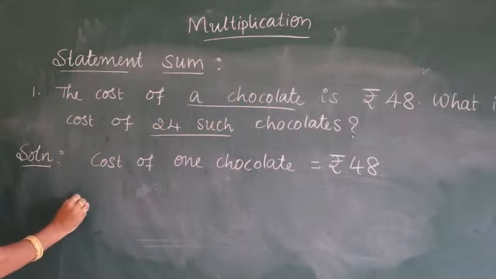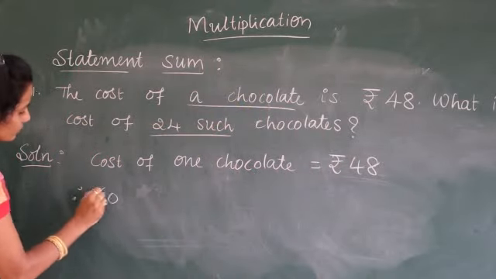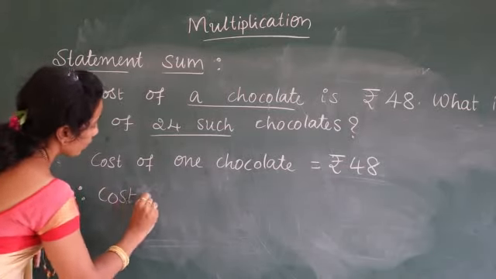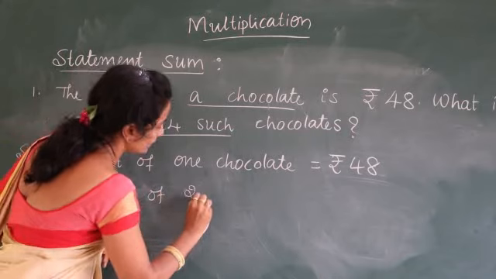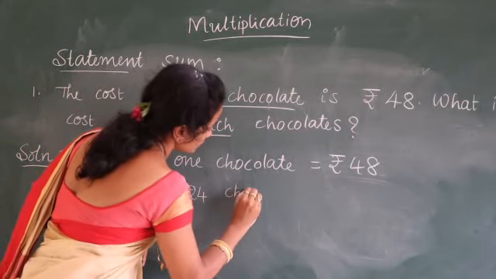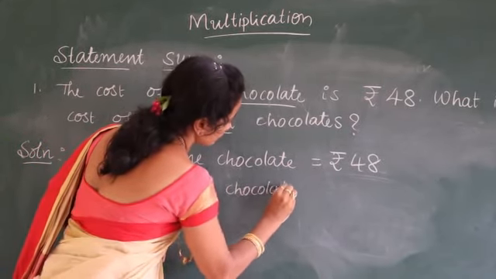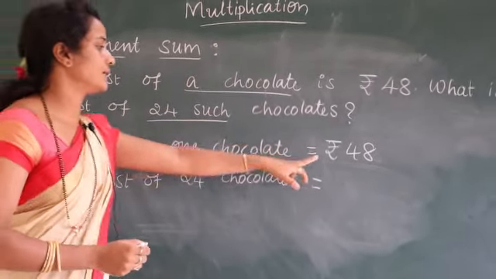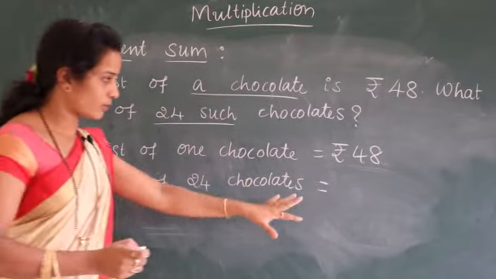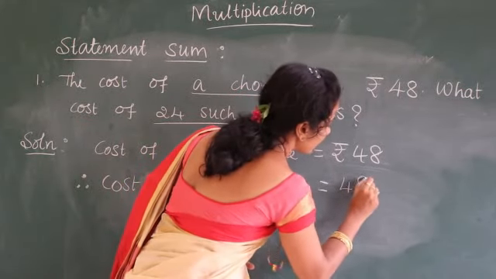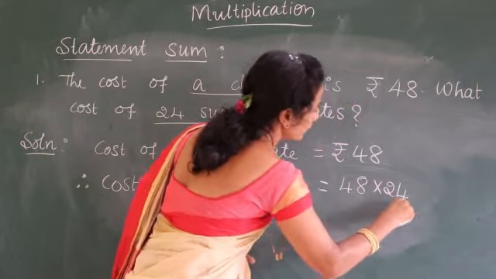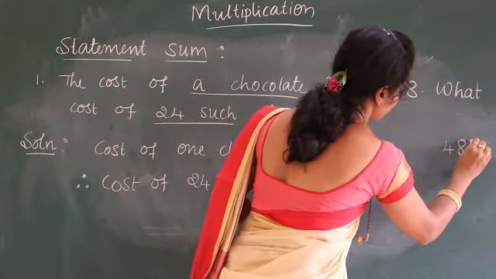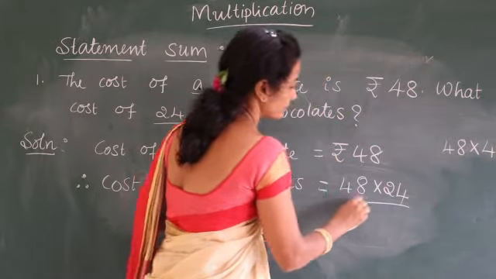Okay, therefore, please note this symbol represents therefore, cost of 24 chocolates. So what we have to do, since one object is given, many objects we have to find out. So we have to multiply 48 and 24. Now take your multiplicand, multiply it by 4.